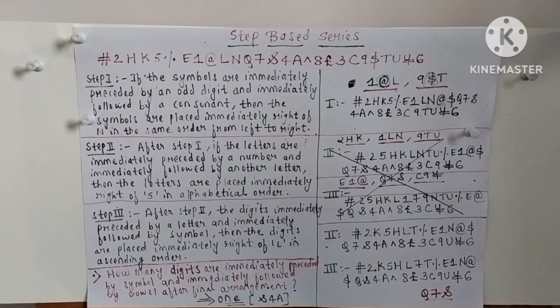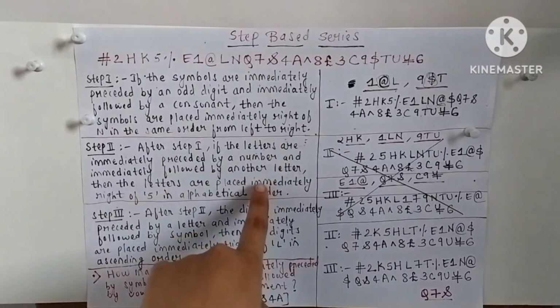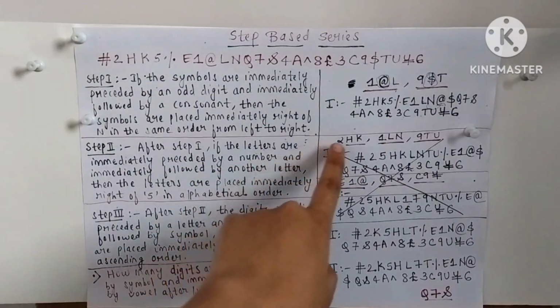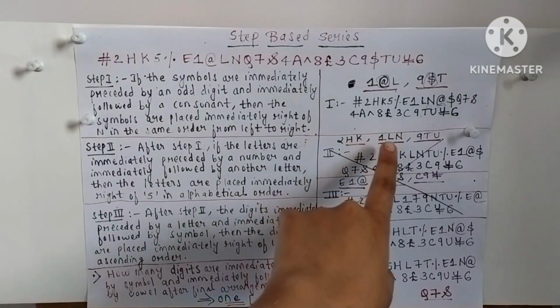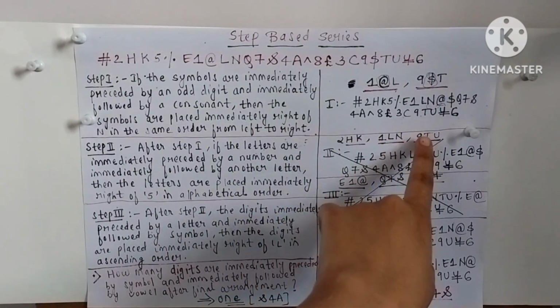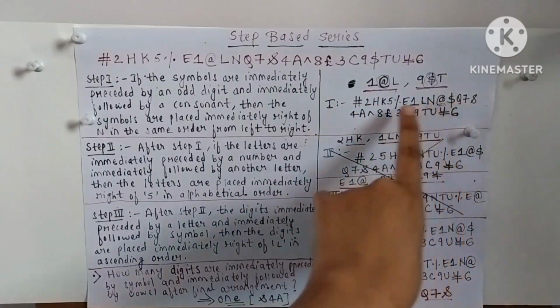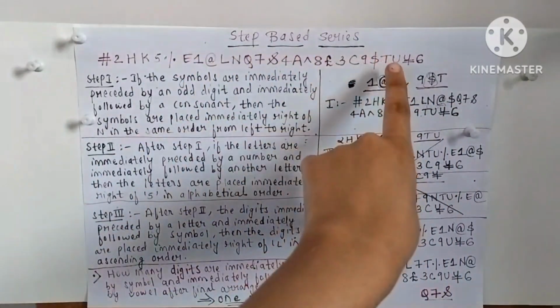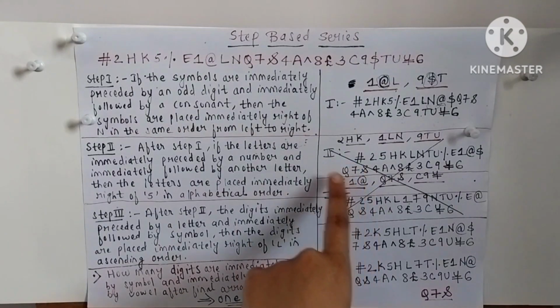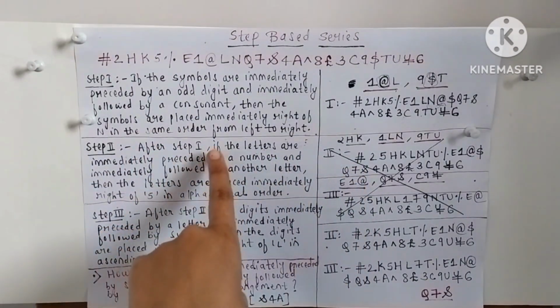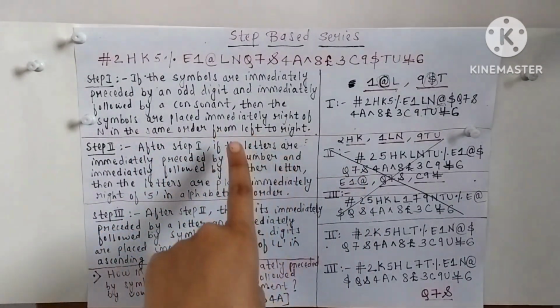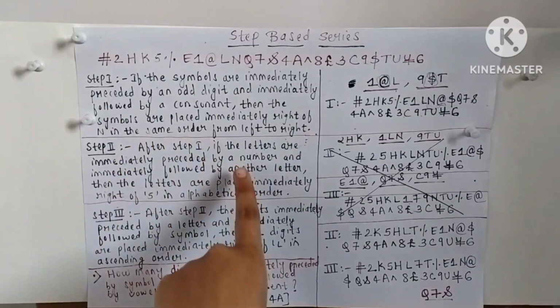The letters which are immediately preceded by a number are 2HK, then 1LN and 9TU. You have to see this series now, not the earlier series, because for step 2 they've said after step 1 whatever series you're getting, the condition is applied to that.